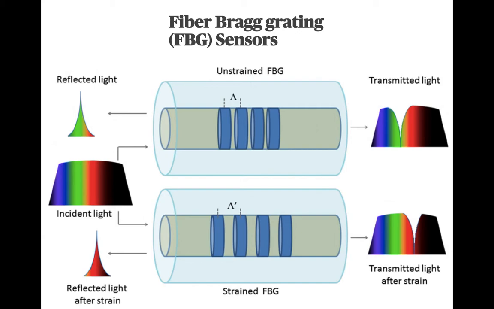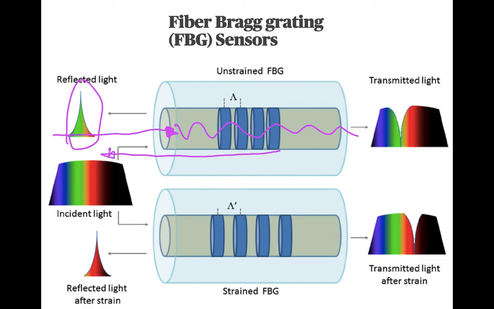So a full spectrum of light is shone down a fiber optic cable, and there's a wave like this corresponding to basically this wavelength of light, and that is reflected back.